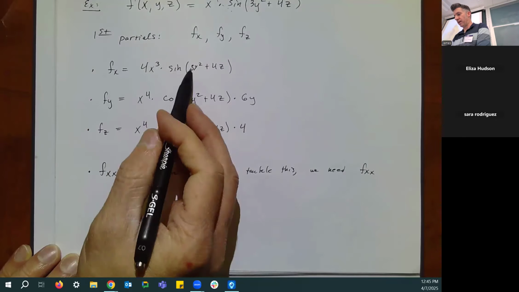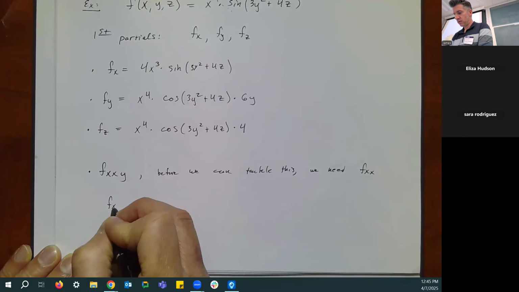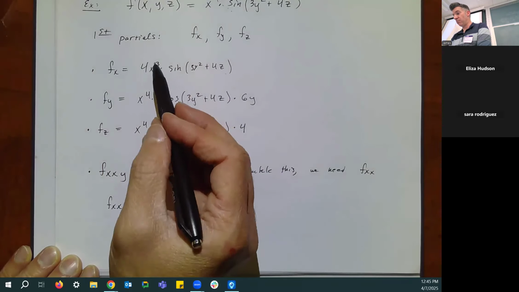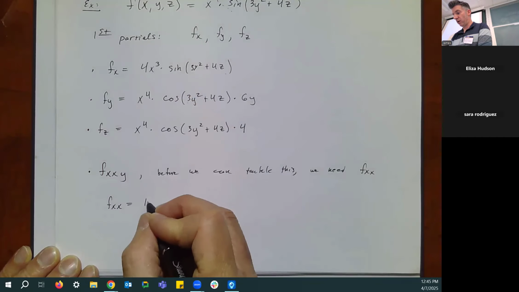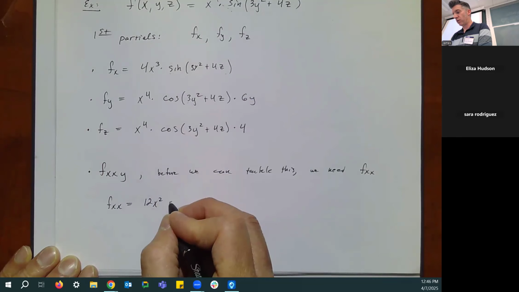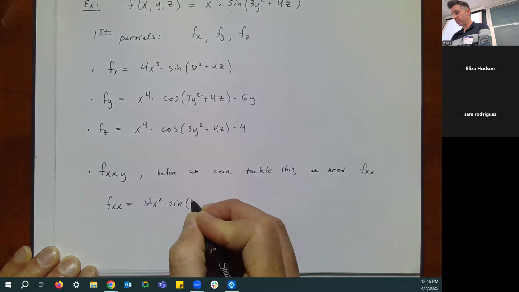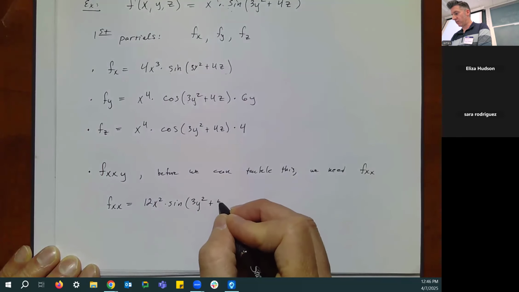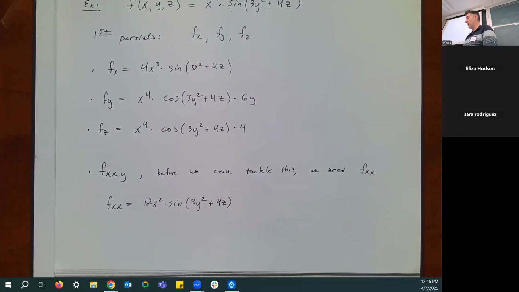Well, great. fxx is going to be the partial derivative of fx with respect to x. Again, the derivative of 4x cubed is 12x squared, and the constant as far as x is concerned hangs out. So we get 12x squared times sine of 3y squared plus 4z. And now we can take the derivative of that with respect to y.